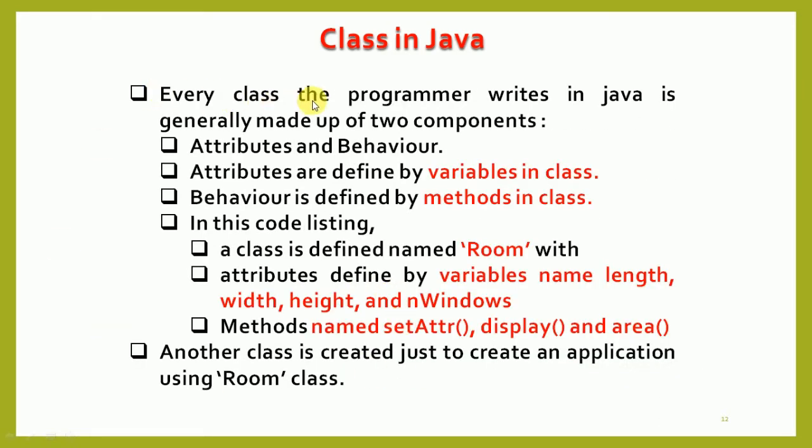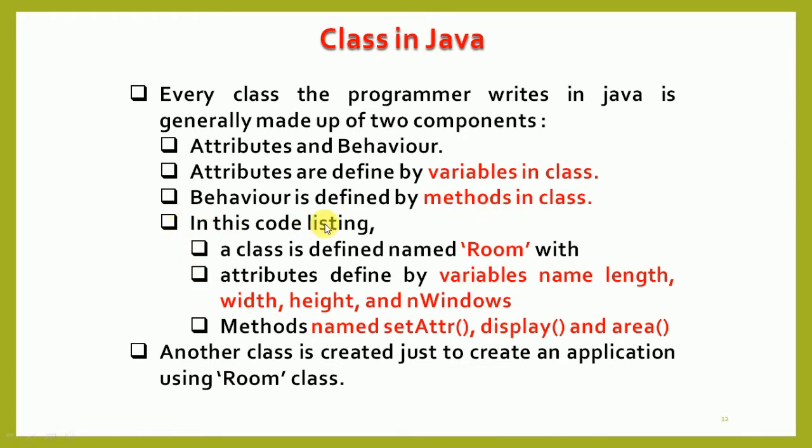Every class the programmer writes in Java is generally made up of two components. Those two components are first its attributes and its behavior. If you want to define the attributes, then you use variables in the class, and if you want to define the behavior, you define it by using methods in a class.